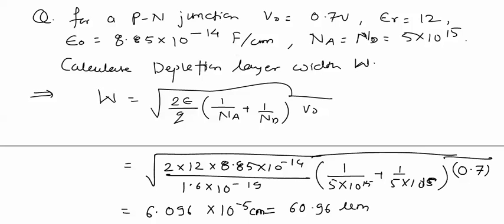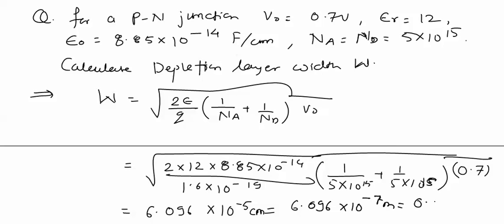So this will be 6.096 into 10 raised to power minus 7 meters, and it will be 0.61 micrometers. This is the depletion layer width in PN junction.